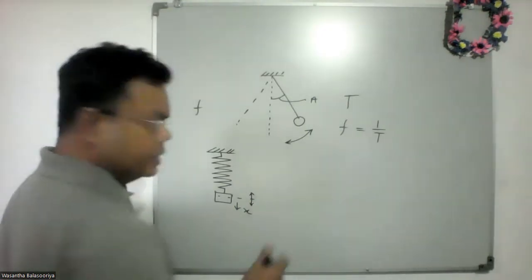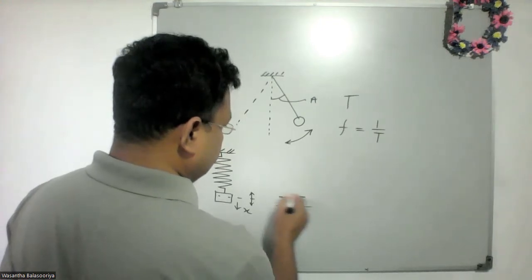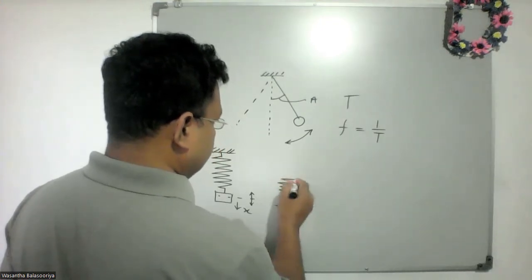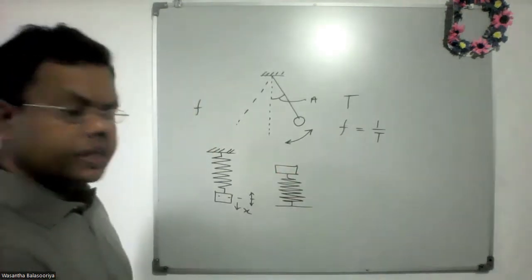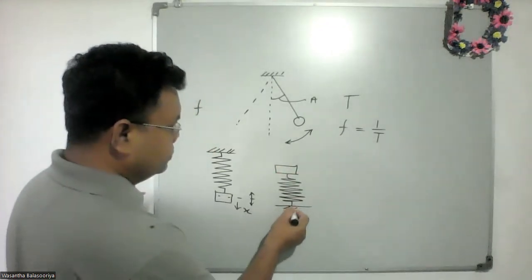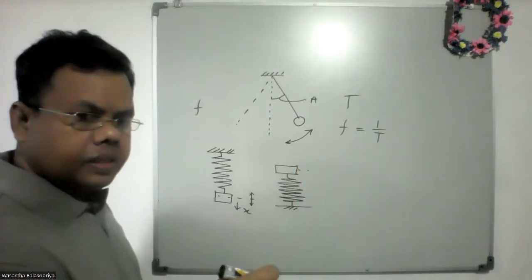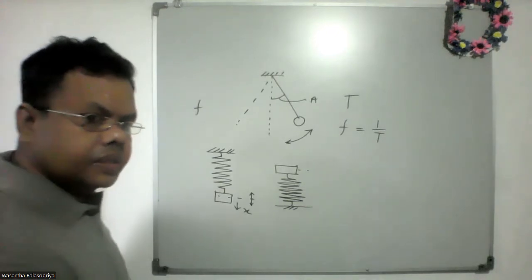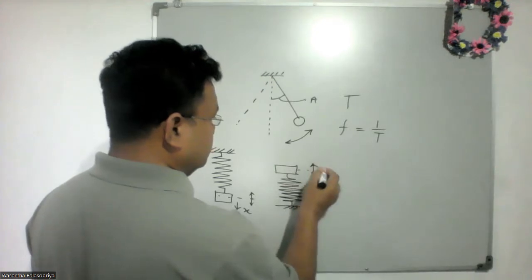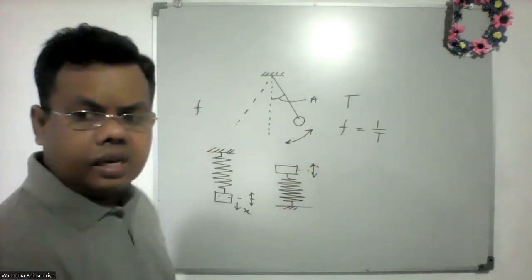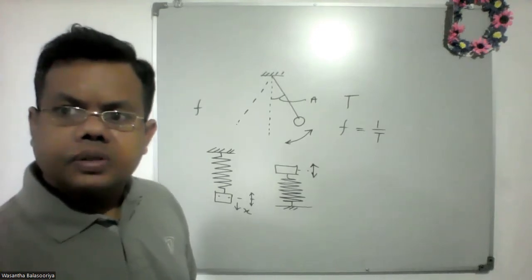Same thing happens for a mass mounted on a helical spring also. If we displace it slightly from the equilibrium position and then release, it will undergo a simple harmonic motion. So these are also examples of simple harmonic motion.